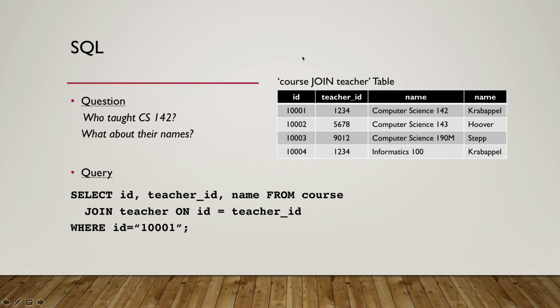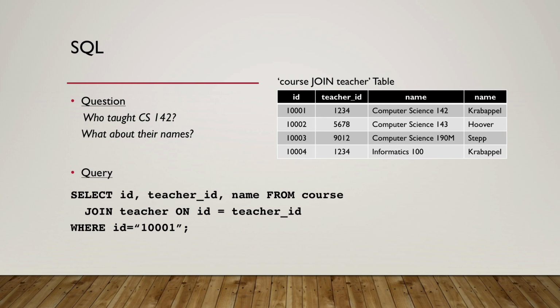This is a virtual table, and it's often called a view of the data. Now, I will caution here, view tends to actually be something technical that can be part of the database itself. But technically, what we've created here is a view. This is a different way of looking at the data that doesn't exist. It isn't actually stored in the database, but it is able to be created with our query language.